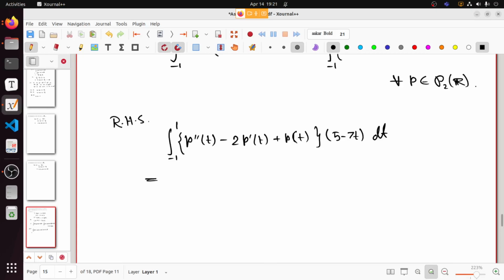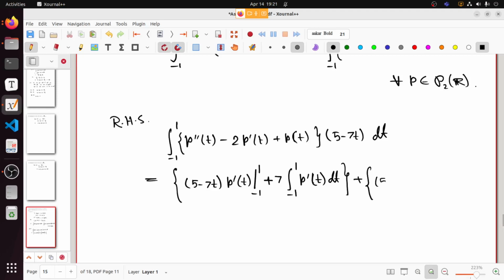If you integrate (5 minus 7t), the first one, integration by parts, you will get p dash t, right? From minus 1 to 1, minus the derivative of the first one, so it is basically minus 7 times the integral from minus 1 to 1, and the integration is p dash t dt, right?